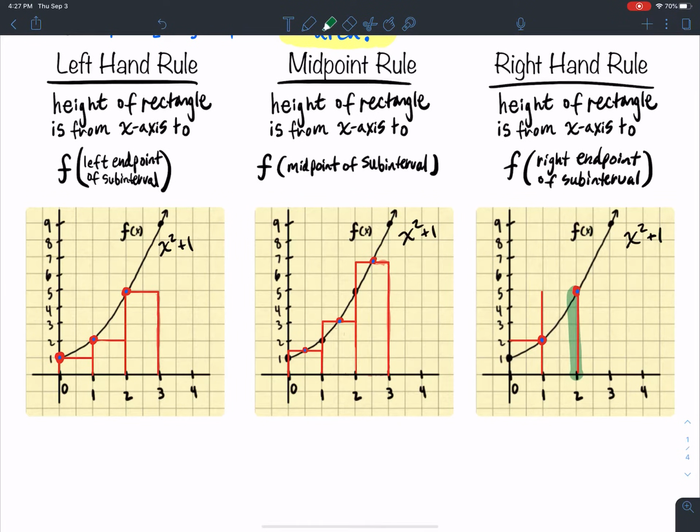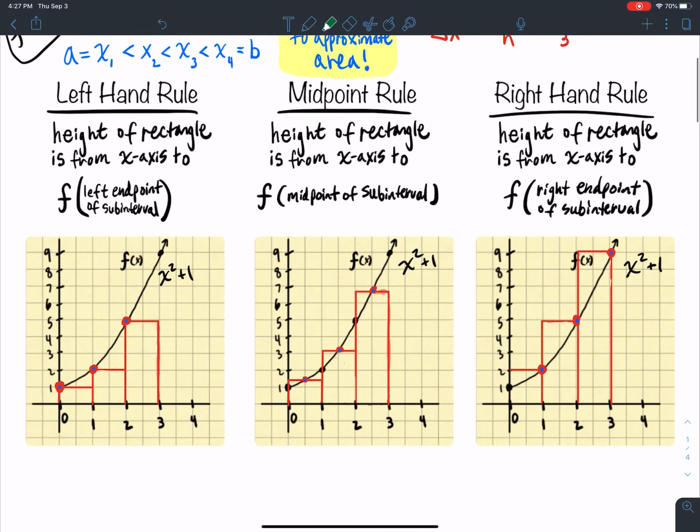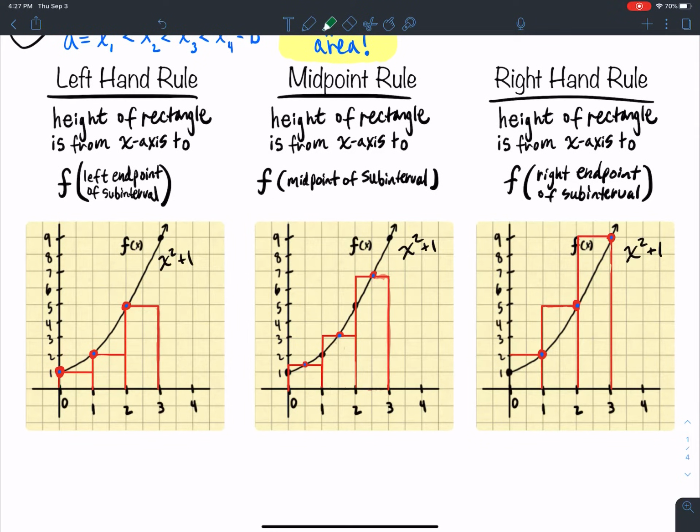Same thing here to get the height of that rectangle. Same thing with the right-hand endpoint, I plug it in to get the height of that last rectangle.